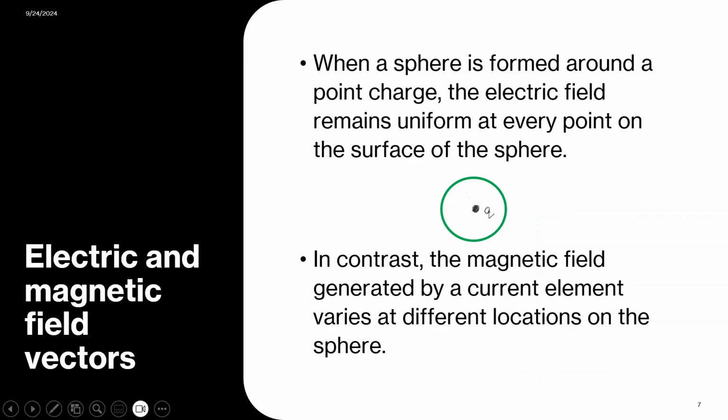Now we have to talk about the relation between electric and magnetic field vectors. Here is a point charge. Around the point charge we have constructed a sphere.